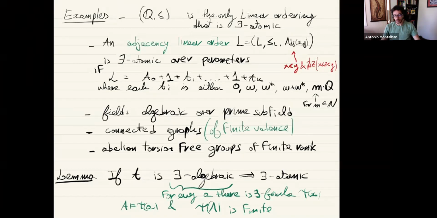And these groups can still be quite complex. So yeah, there is work of Simon Thomas on seeing how complex these are from a descriptive set theoretic viewpoint, and they get more and more complex as n grows.